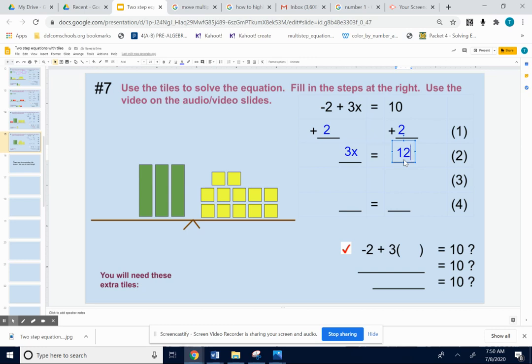Remember the last step? You want to split both sides up so that you can figure out what an x equals. Go ahead and start splitting both sides up.